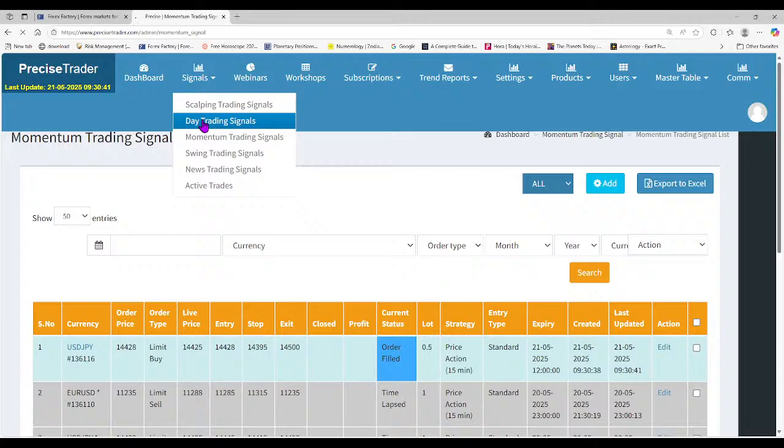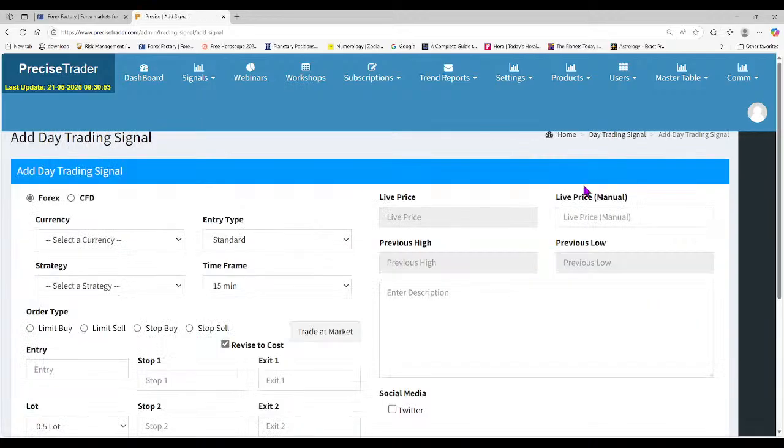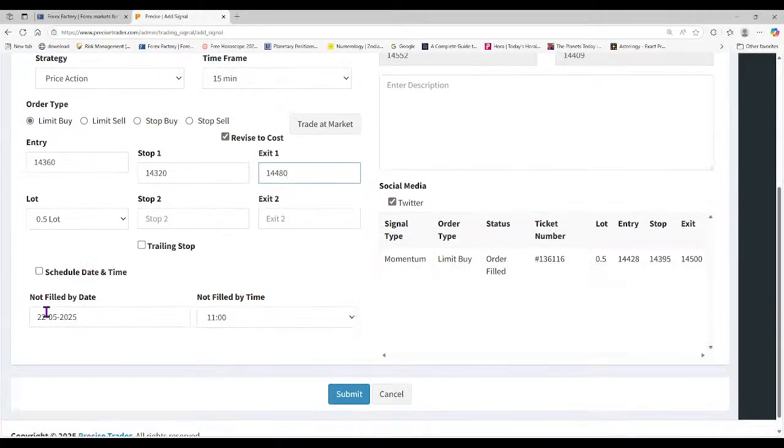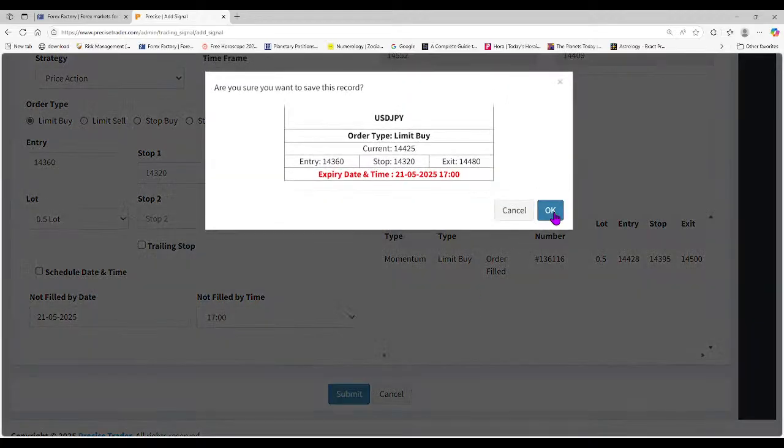Then on the day trading, we are going for one more trade, looking at 143.60, then 143.20 stop, and again 144.80, and we will give this until the next time belt, the night time belt, and let this thing work.